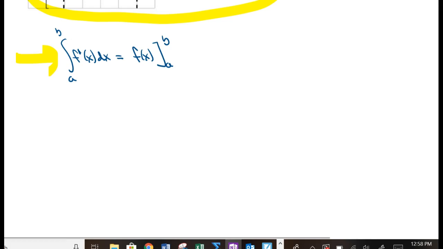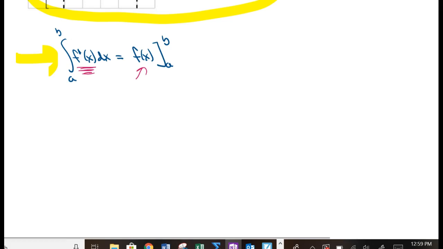But let's not forget really fundamentally what this is saying. Whatever this function is on the left-hand side, the definite integral of this function involves the antiderivative. This function could be any number of things in context.